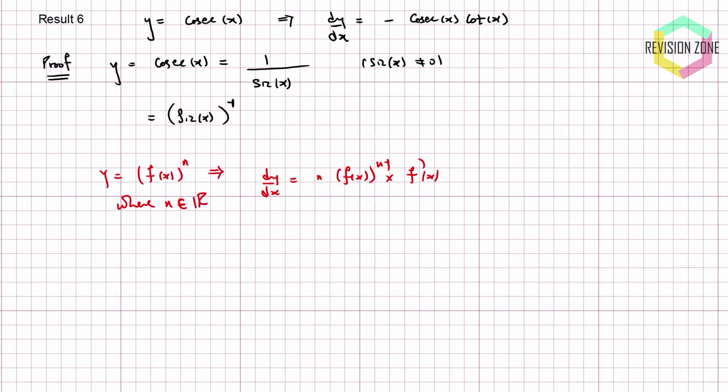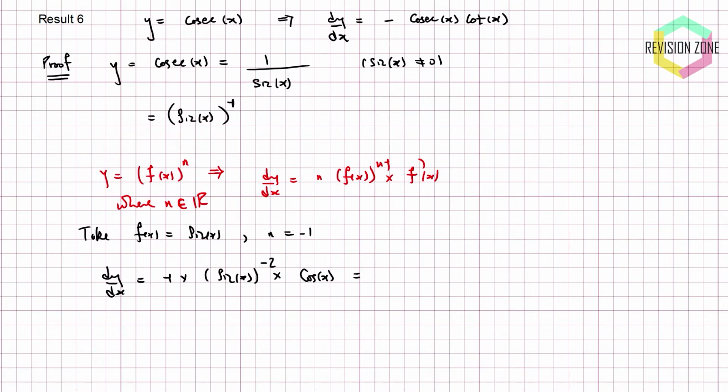Okay, so I'm going to do this slightly more briefly in this case. Take f of x equals sine x and n equals minus 1, then we have our derivative as minus 1 times sine x to the minus 2 times the derivative of sine, which is obviously cos x.